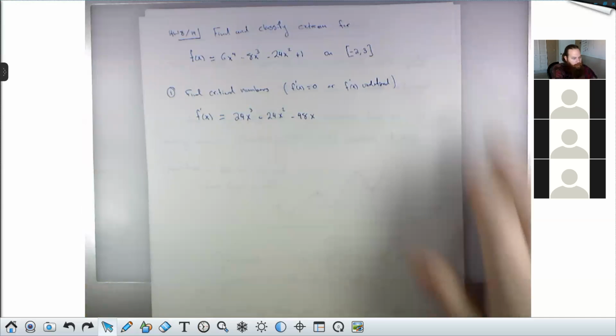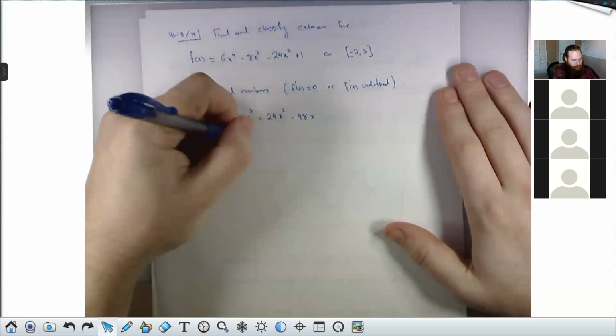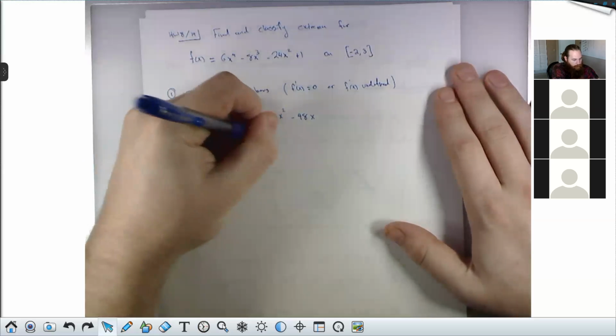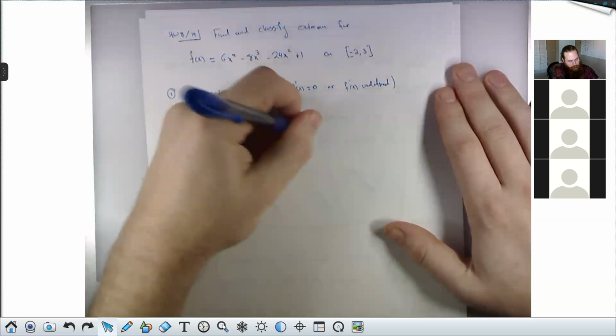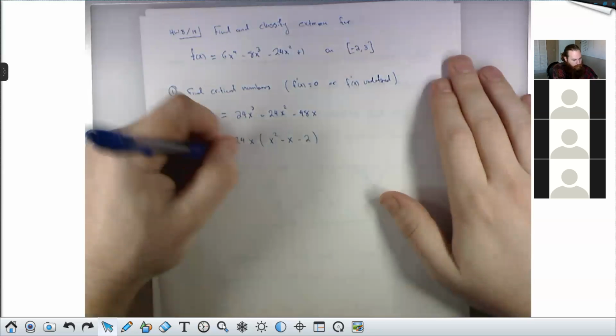I can factor out a 24. I can factor out a 24x, in fact. And what's left will be x squared minus x minus 2. And x squared minus x minus 2 also factors, right? That is x plus 1 times x minus 2.